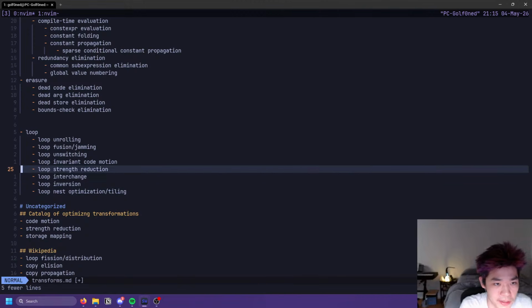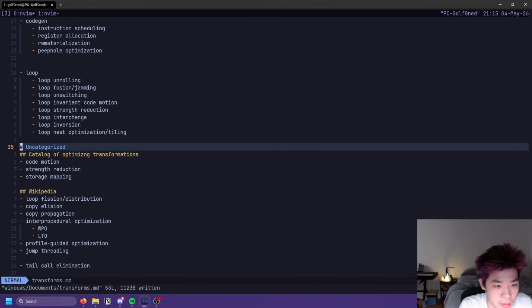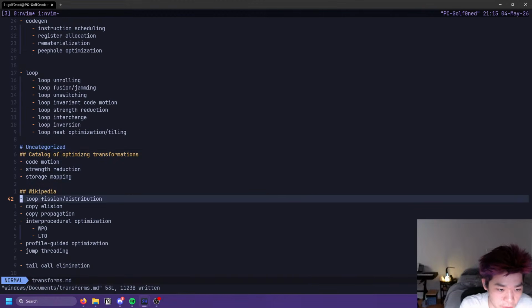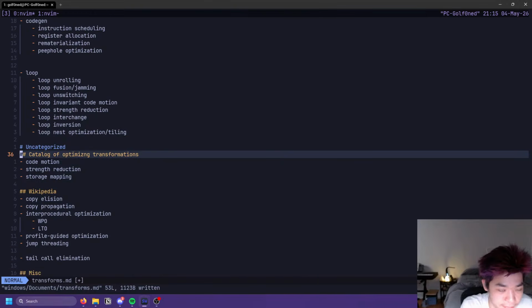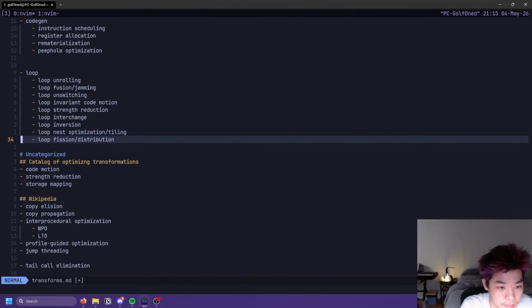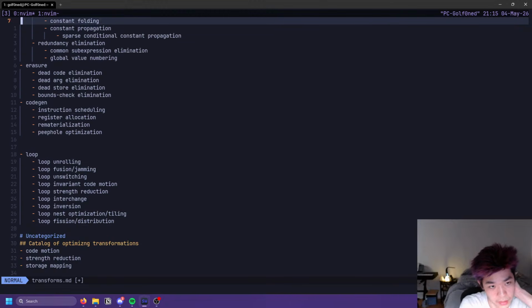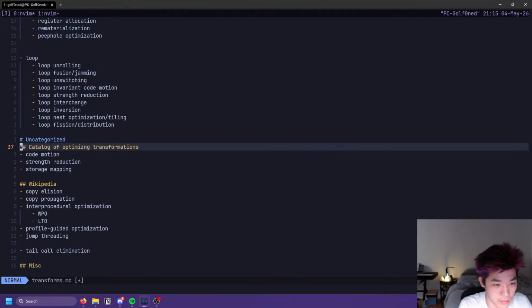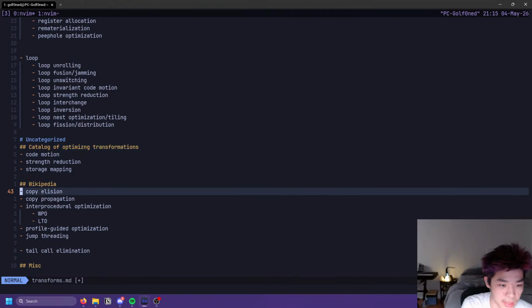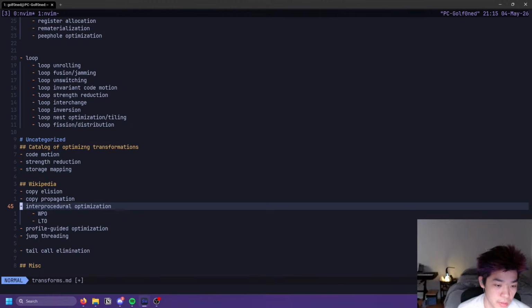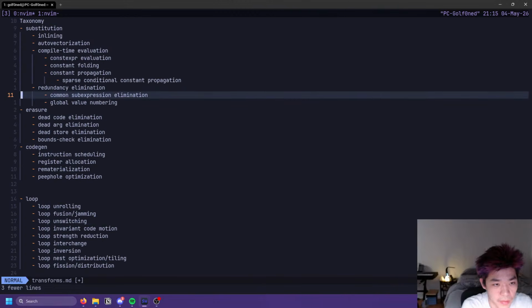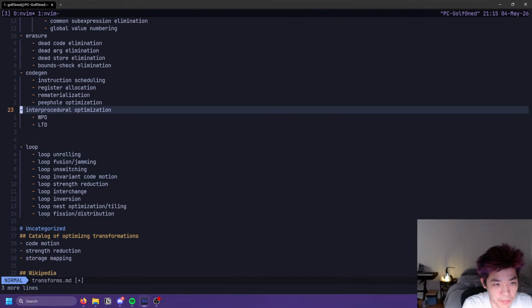Let's move CodeGen up here. And then there's more loop stuff. Okay, so then let's see, so IPO. Yeah, so we can kind of put this here.